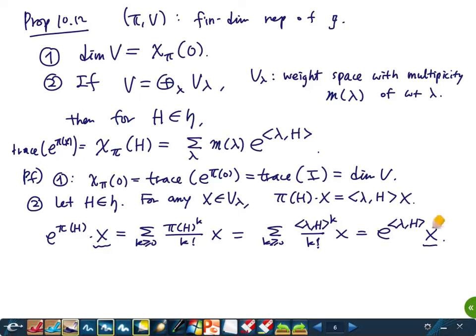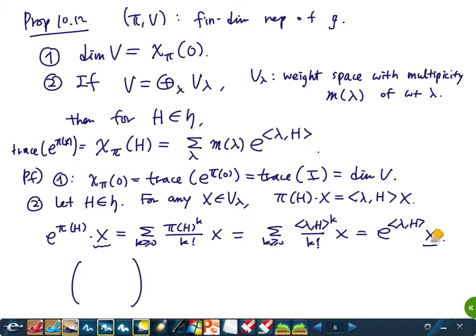So we can take a basis from this. Yes, we can define a basis using only weight vectors. But if you take the weight vectors, then what is the matrix?